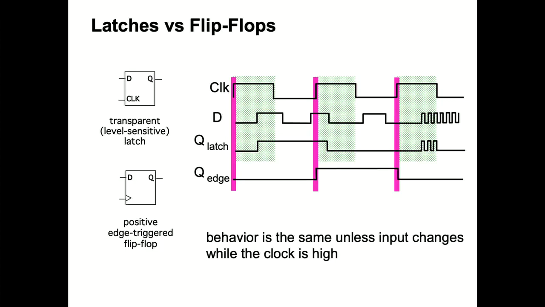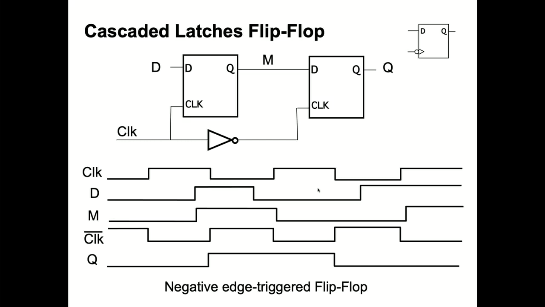Okay, so how do we build one of these things? All right, so this is one way. This was the original design. There are various different ways to build flip-flops, but there's a smaller design that I'll show you next.